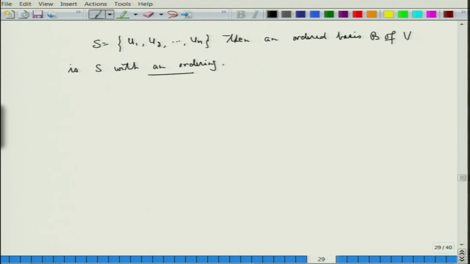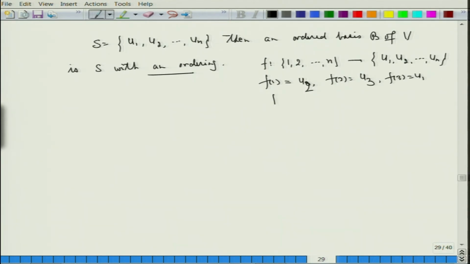So, there is a function f from the set 1 to n to the set u1, u2, un, and then I am saying that f of 1 is, suppose I am writing it as u3, f of 2 as u2, f of 3 as u1 and f of i is equal to ui for i greater than or equal to 4, then this idea gives me the ordered basis C.